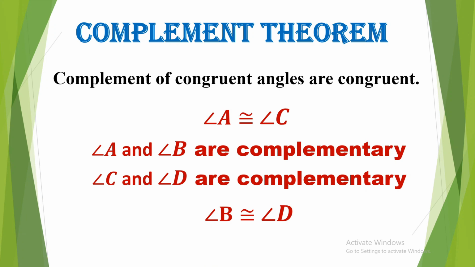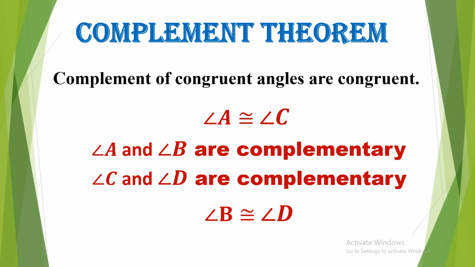So we have angle B is congruent to angle D. There are other theorems and postulates aside from what we have discussed, but we will just stop on this for now.